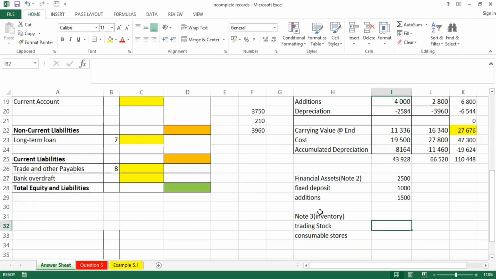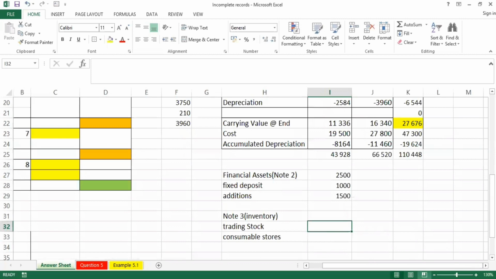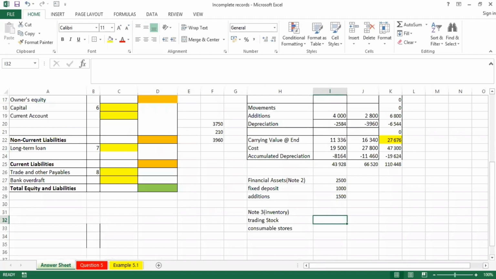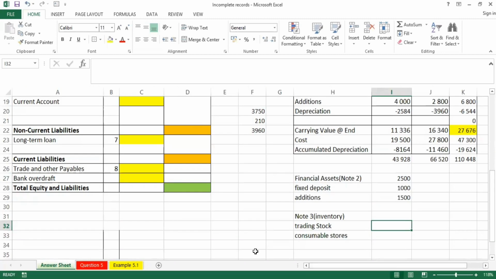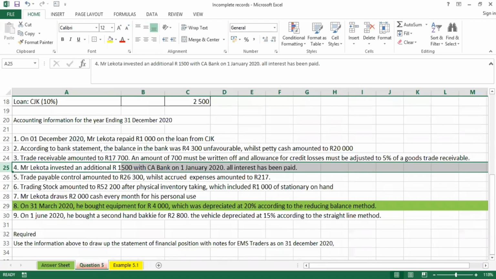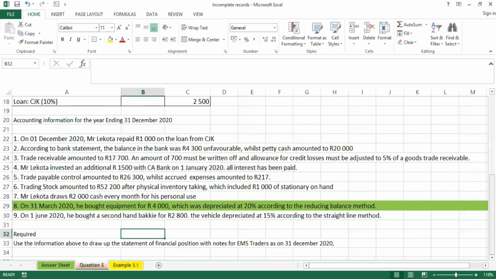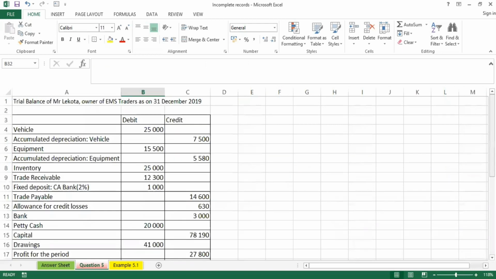So we go back and check our question, what it is concerning our inventory. So we have our inventory at the beginning, which is our 25,000, which is this amount of 25,000.